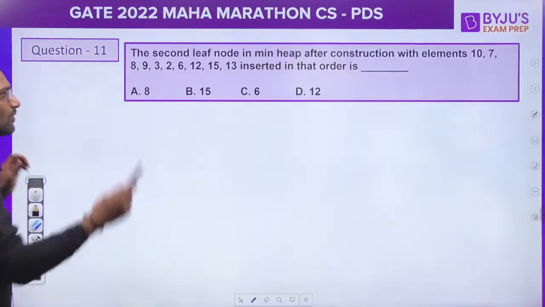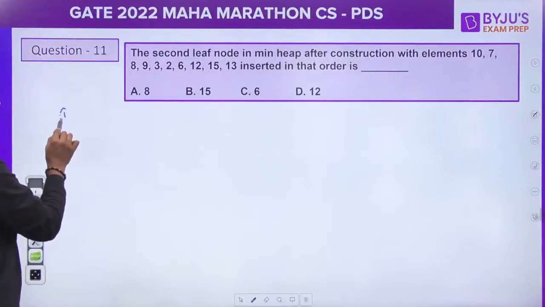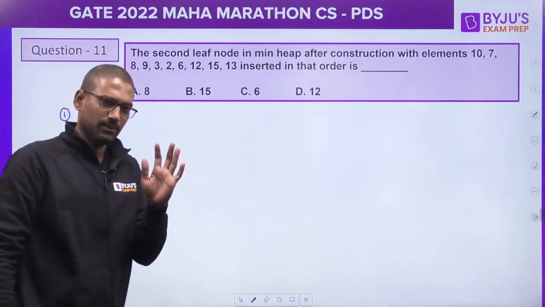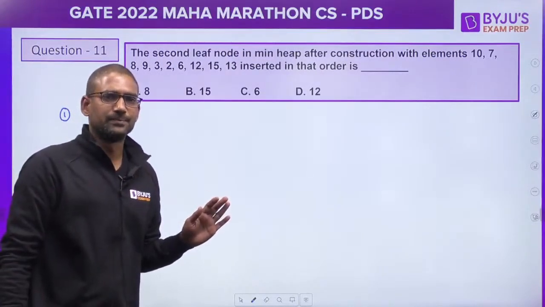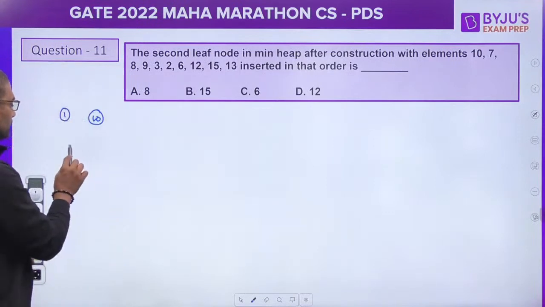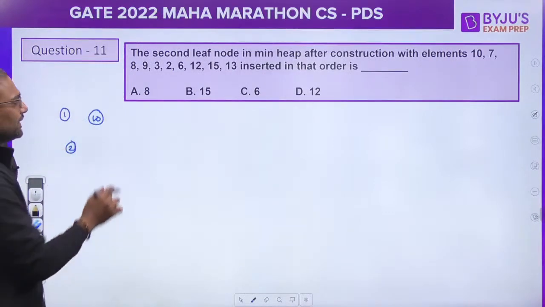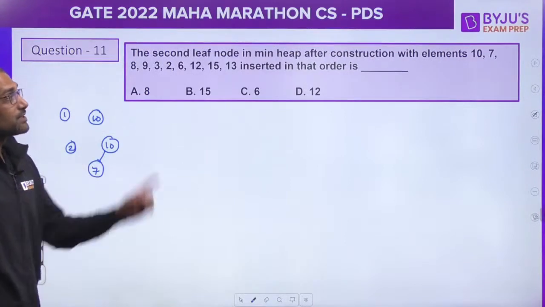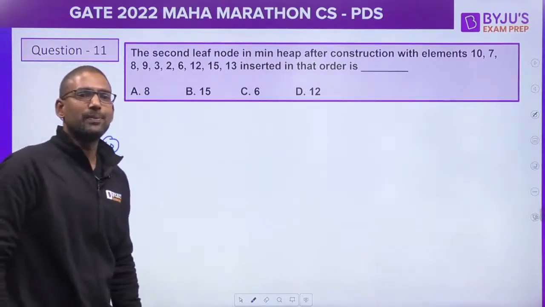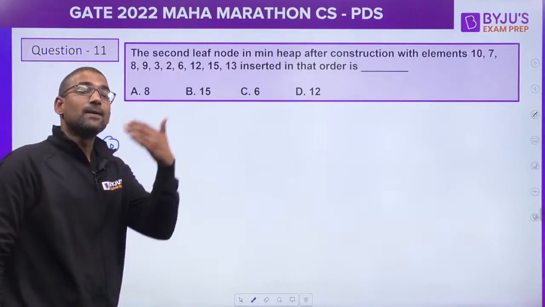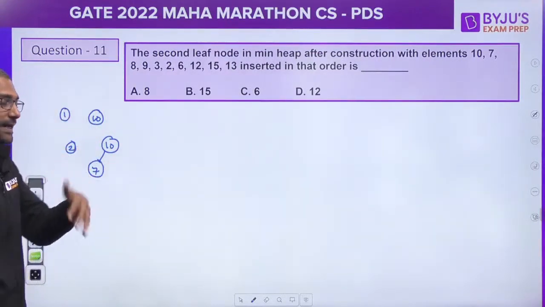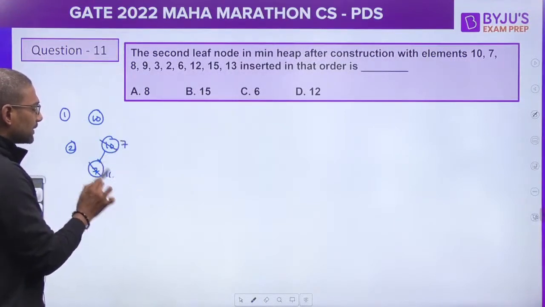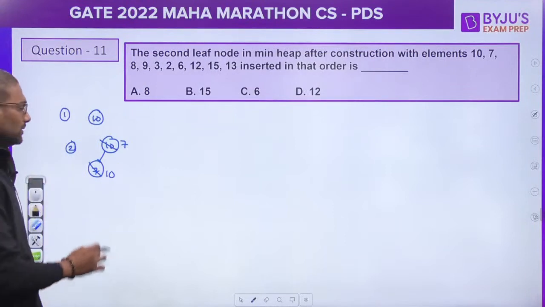Let's see. First, I am inserting 10. Only one node, so it satisfies the structuring property and ordering property. Then insert 7. It's a min heap, so the parent should be smaller than all its children. So we will swap 7 and 10. Then insert 8.